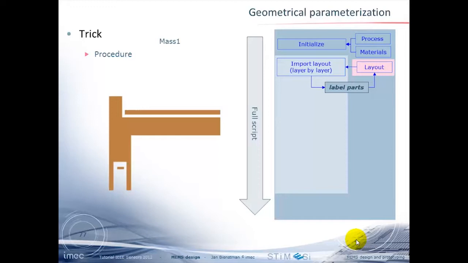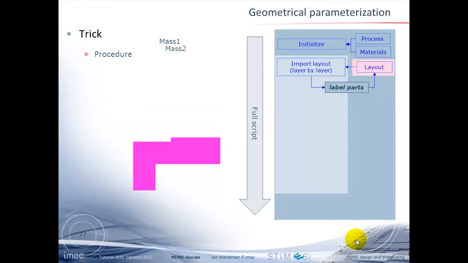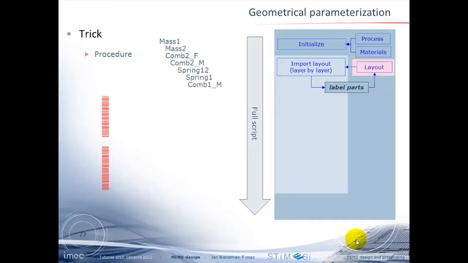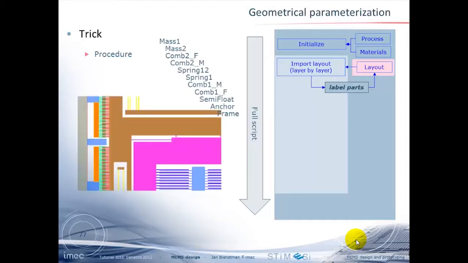But if you import the first layer, you have to move it to a coordinate 200,000. Then you import the next part, you name it, and you move it again to coordinate 200,000. So to separate everything, there are some tricks you have to know. So these are the different parts I import, and then I have my full structure.